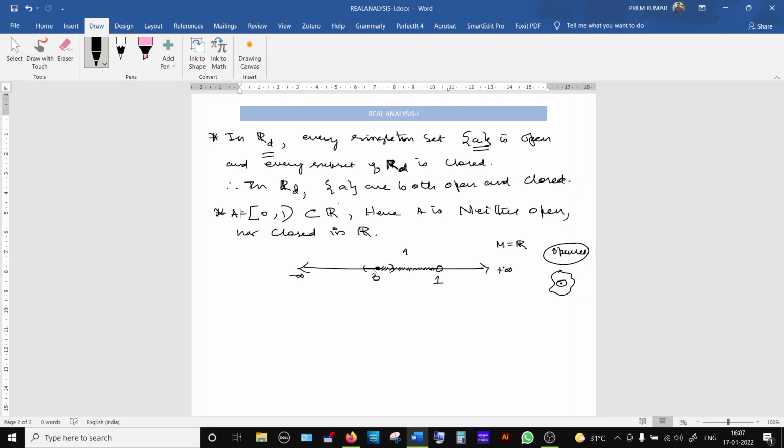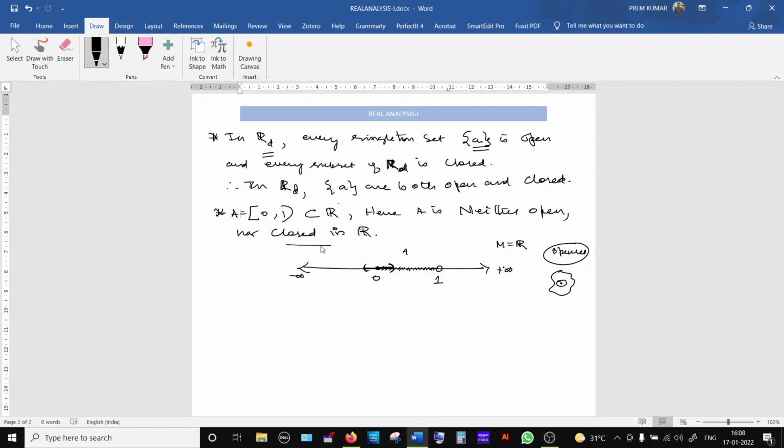This is in R, but it is not inside A. So I constructed an open ball, that is an open interval, only this part of this open interval is inside this set A, but what about this part? It is not inside A. So it is not obeying the law of open sets. So this set is not open. I took only one element and I disproved that.